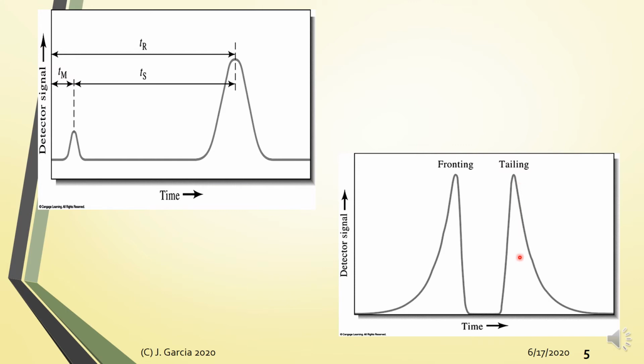Another reason, if you're doing GC, is an indication that there is some deterioration in the stationary phase in the column. And even in liquid chromatography, when you see tailing, this can be indicative of column deterioration.